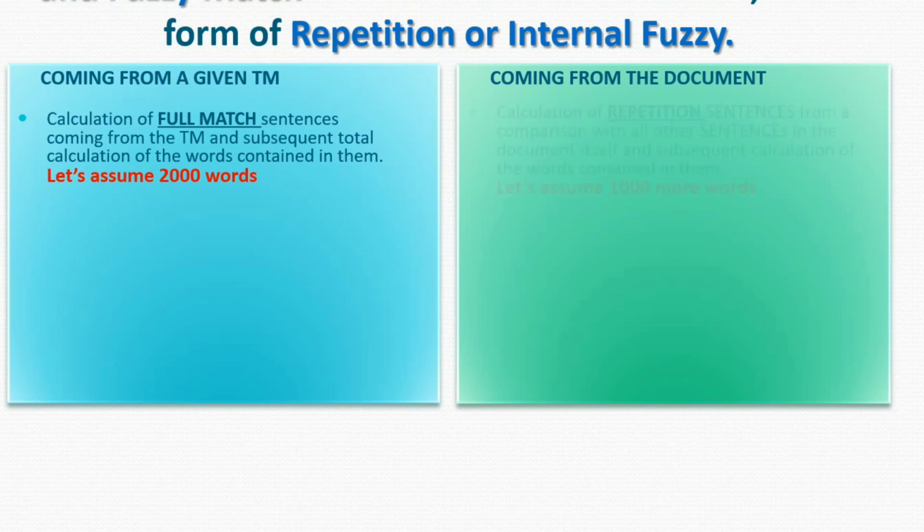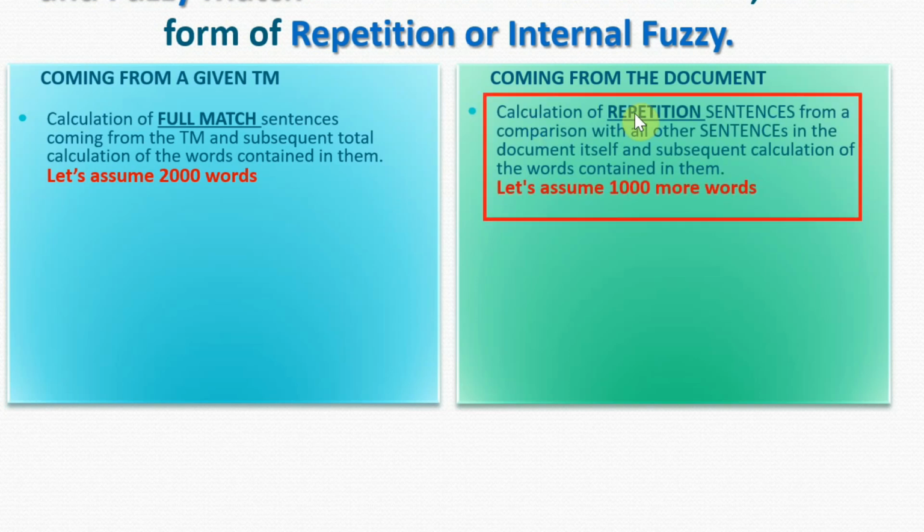But we might also receive some repetitions. So we might also receive some words that are considered repetitions because they come from the document itself, and the sentences are considered repetitions, and all the words included in those sentences are considered to be repetitions as well. So let's assume that the total is 1,000 more words.